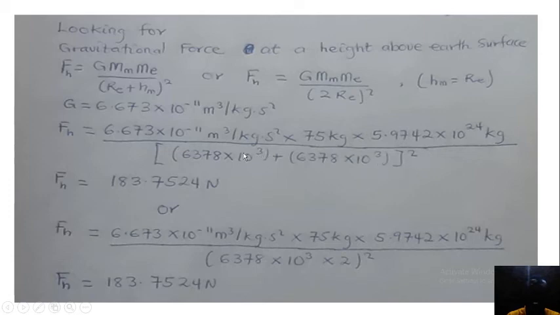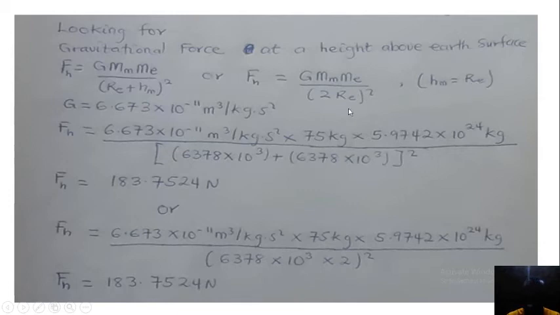And when you punch your calculator well, you should arrive at F equals 183.7524 Newton.